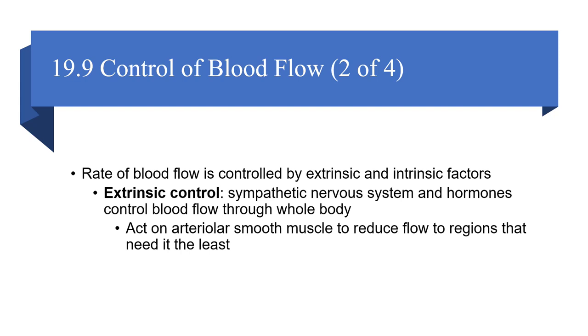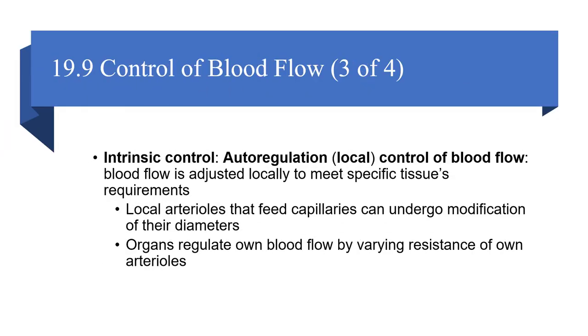They act on the smooth muscles of the arteries to reduce flow to regions that would need it the least. And then the intrinsic control is the autoregulatory or the local control of blood flow. This is where blood flow is adjusted locally to meet the specific needs of different types of tissues.